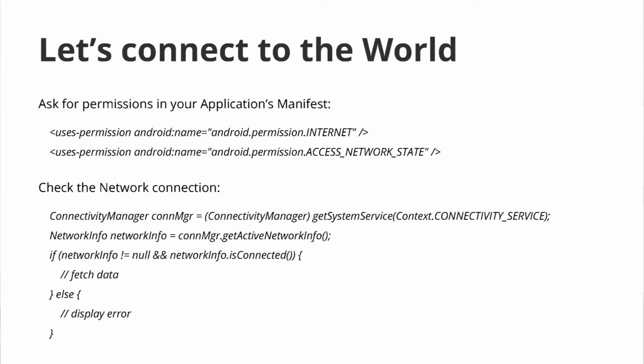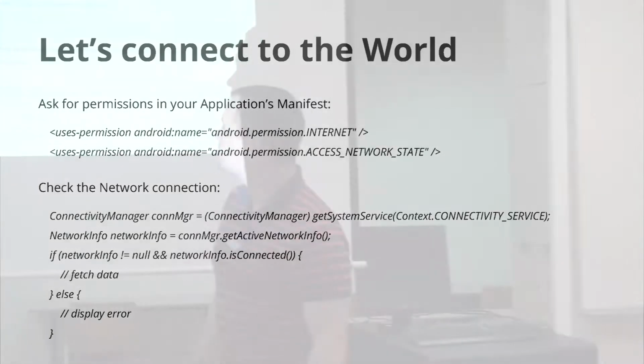So let's connect to the world. These are the main things which you should think of when you decide to use internet and network connection with your application. The first thing is our good acquaintance, the manifest.